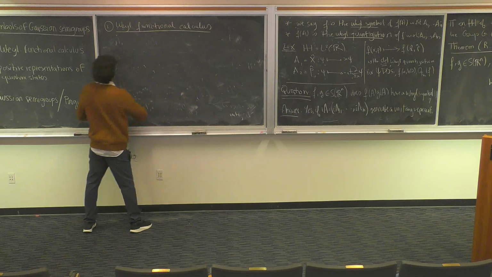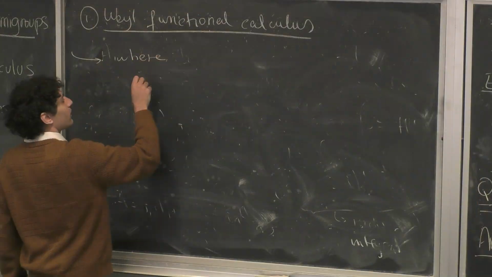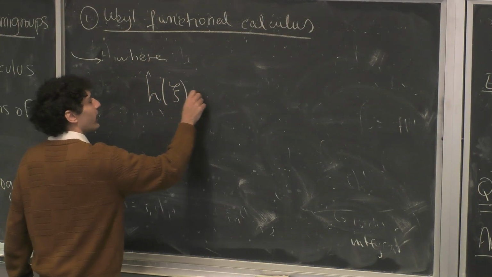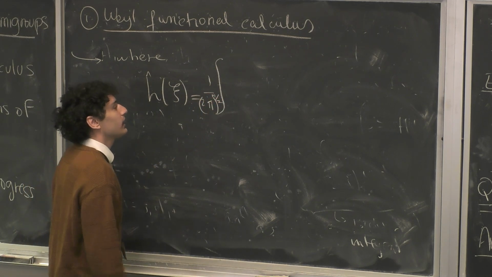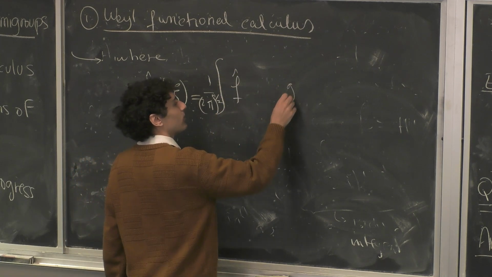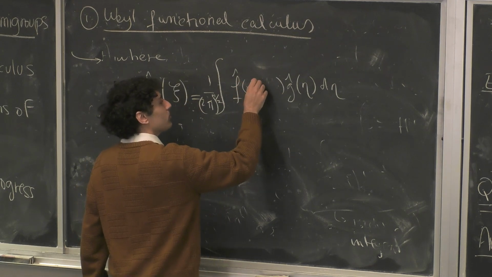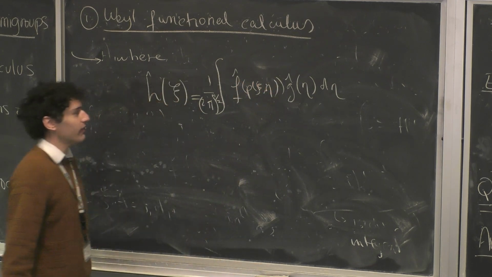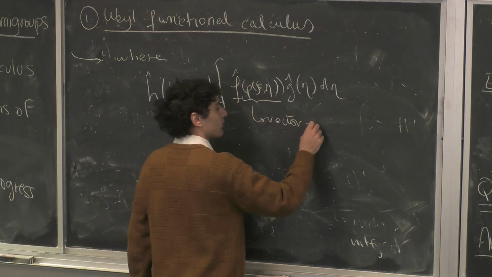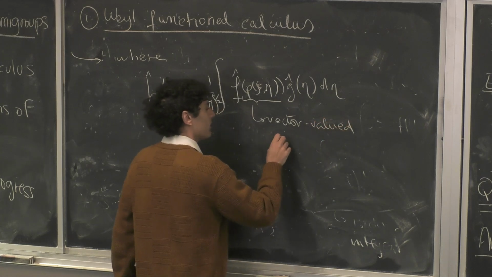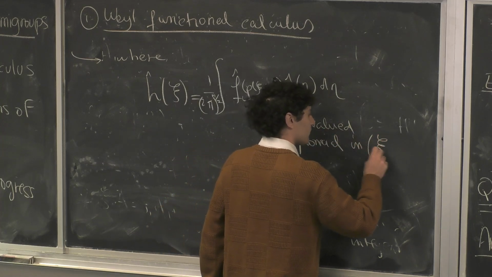So this is the continuation, where we have an explicit formula for h, which is 1 over (2 pi) to the n over 2, times the product of the Fourier transforms of h and g, except in the argument of the Fourier transform of f, we put this, which is a vector-valued polynomial in xi and eta.